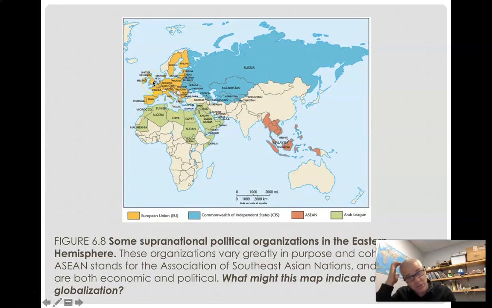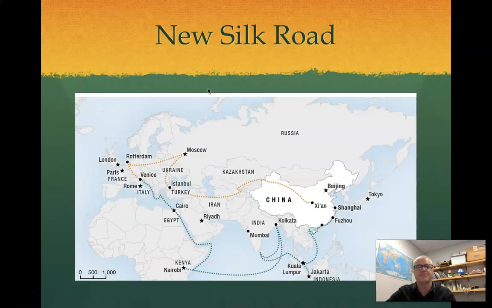But of course, some countries get upset with feeling restricted on what they can do as an independent country within these groups. For instance, Brexit, which we'll talk about in class in the coming weeks, has everything to do with the United Kingdom wanting to not be part of the European Union anymore, right? But there are some other supranational organizations, the Arab League, the Commonwealth of Independent States for a while, which is some former Soviet republics operating collectively as well.